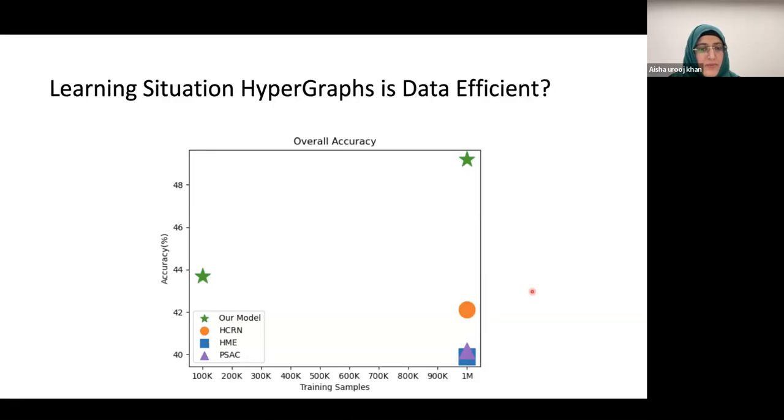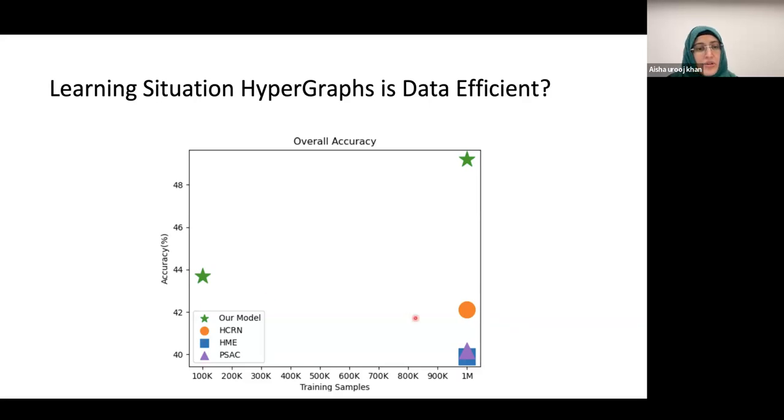Okay, so a couple of takeaways from this work were that learning situation hypergraphs is data efficient. The AGQ dataset had around 1 million question answer pairs. So we started with a small scale experiment where we took only 100,000 questions from this dataset and trained our system. And we found that even with 100,000 questions, we were able to outperform the baselines.